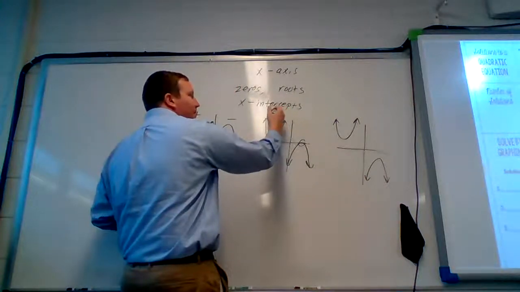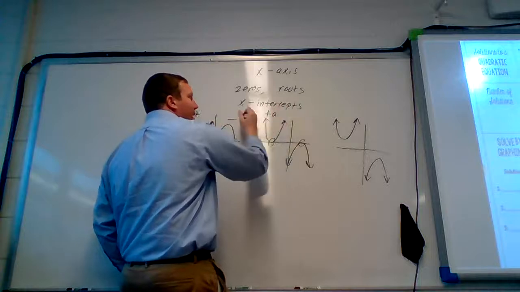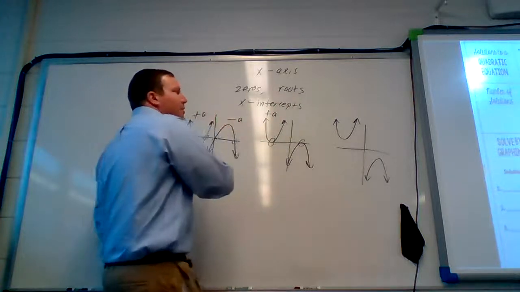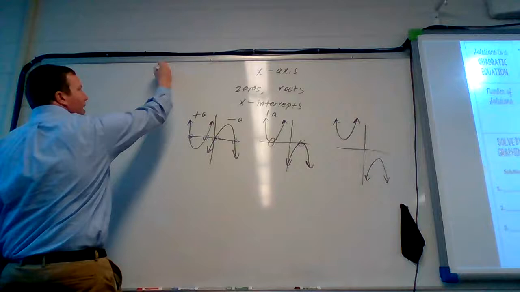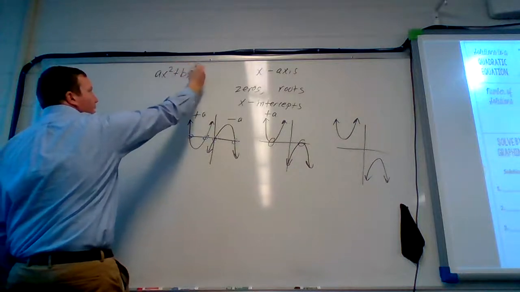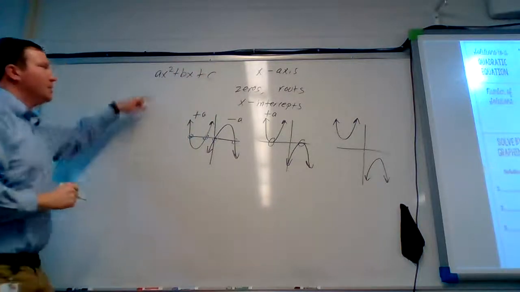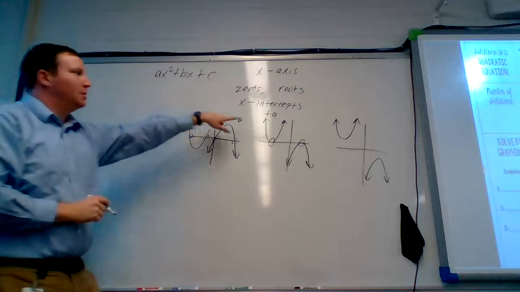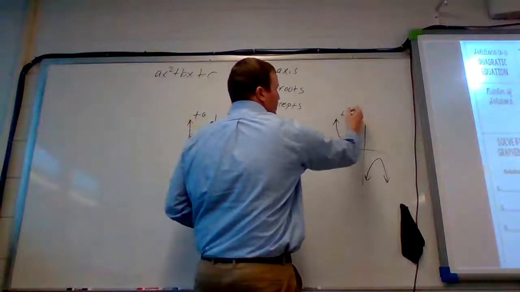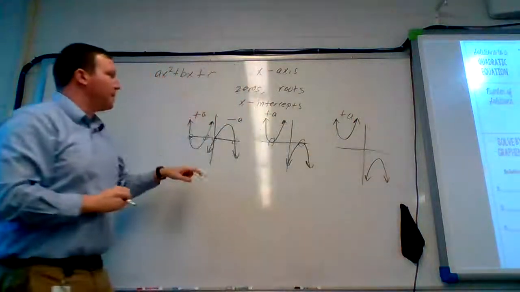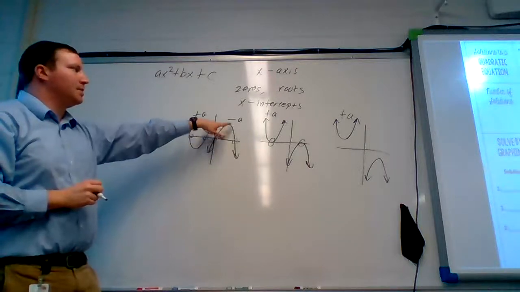So this would be a leading coefficient or a positive a value, when we're talking about our standard ax squared plus bx plus c. So these are our positive a values, and this one's a negative a value.